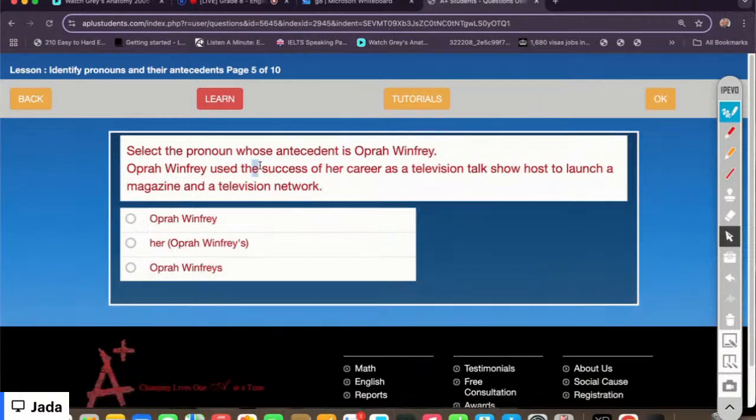So, Oprah Winfrey used the success of her career as a television talk show host to launch a magazine and a television network.